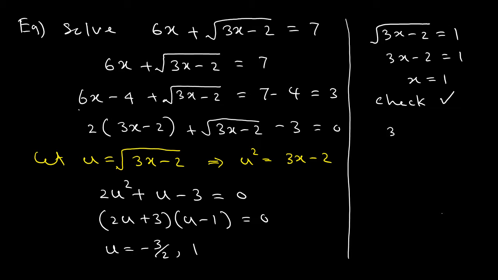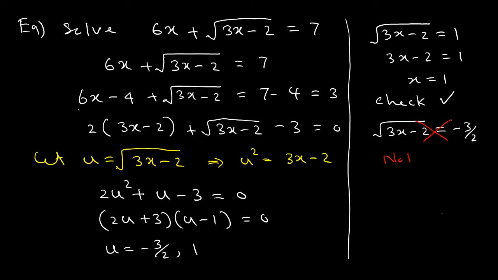So the other one is the square root of (3x minus 2) equals -3/2. And then you can see that when you write a square root, this is a positive number. So that means this is not possible, because this is the positive one.